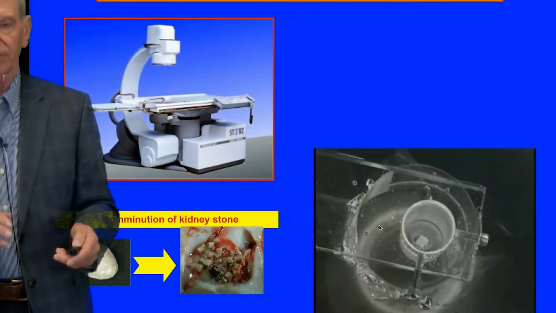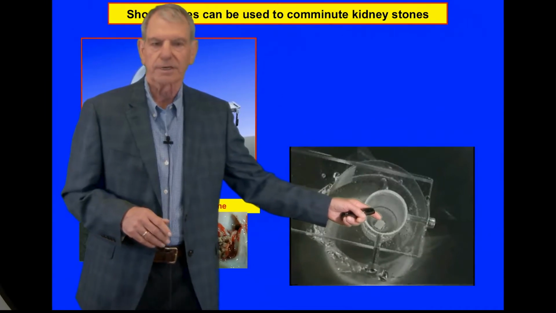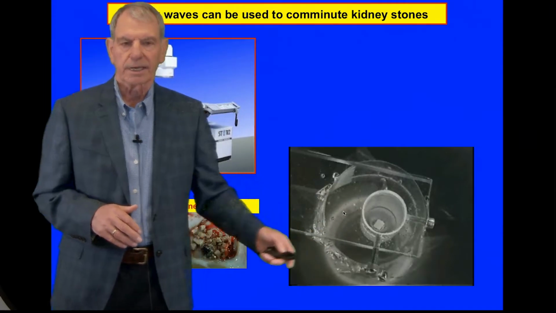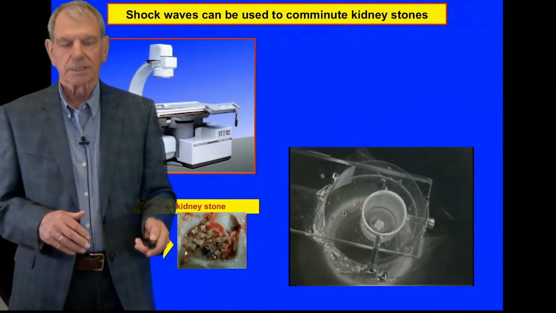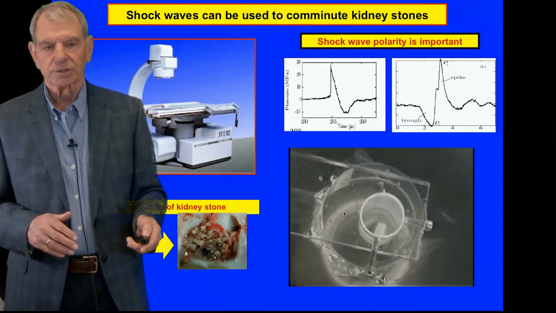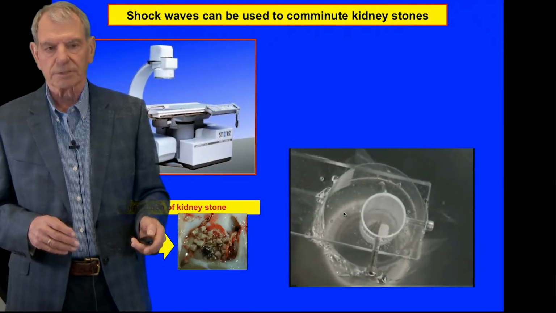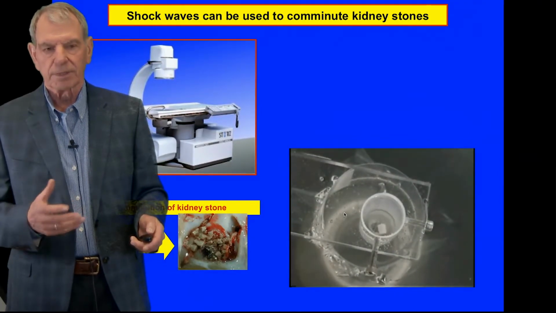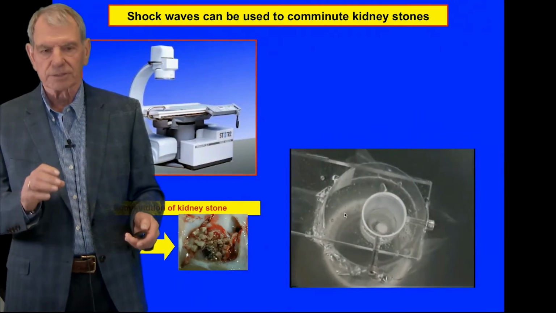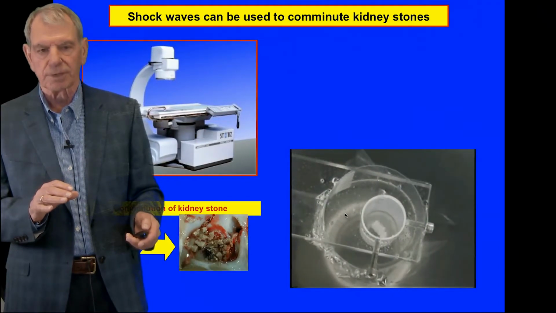Here's a movie of a kidney stone. It's a synthetic kidney stone in a liquid, and now you're going to see the action of the shock wave. Let me back this up and show it again. You see, every time the shock wave hits it, it moves the stone a little bit, and as these shock waves hit the stone and generate cavitation, you can see the stone is being broken up.